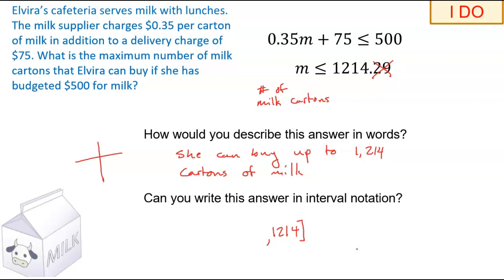That's what buying -1 would mean. But I don't think they're going to let us return milk. So maybe negative numbers don't work for this case. Maybe our bottom value is 0. We could buy 0, we could buy up to 1,214, or we could buy any number of cartons in between. So that's how we write the answer in interval notation.